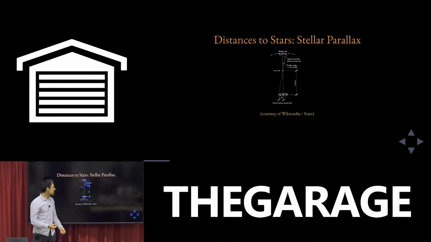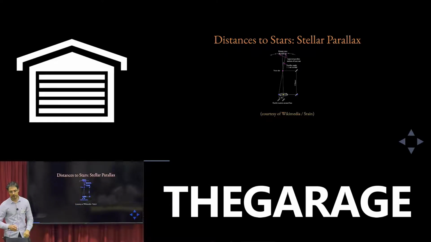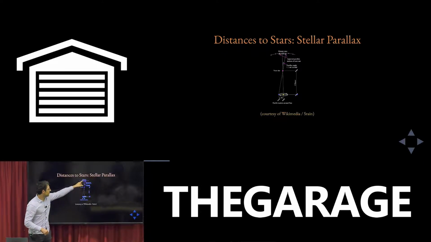And you can actually measure the distance to the closest stars. And so that was first done in the 1800s. And now we, of course, do it much, much better. And I'll tell you a lot more about how we're measuring it now. But the basic idea is, once you have this method of measuring distances to stars, you can measure the distance to the star versus the astronomical unit.